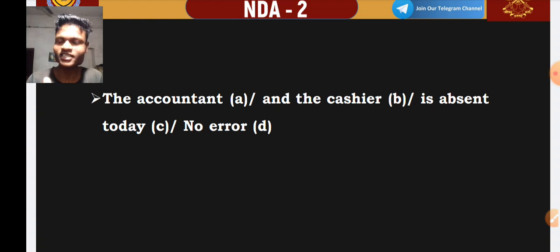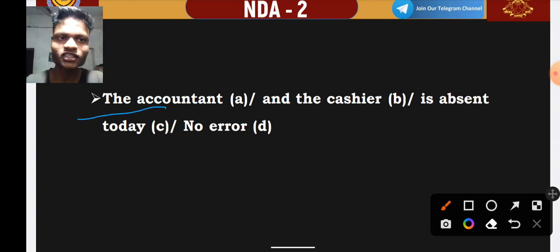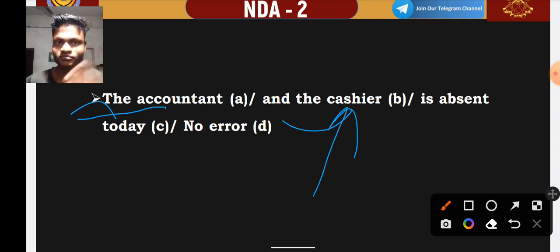How? Let's get started. The accountant and the cashier. Here are two persons. The first one is the accountant and the second one is the cashier. How do I judge? I judge on the basis of the article used before the two nouns.